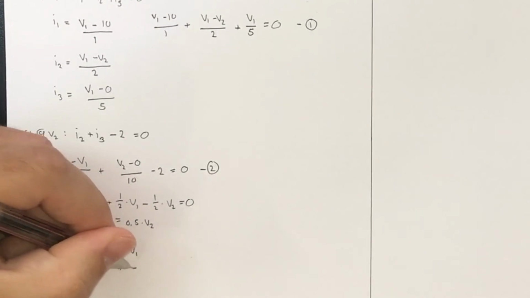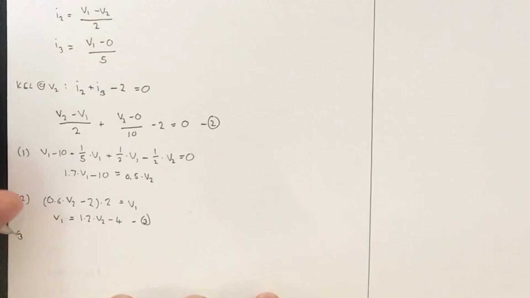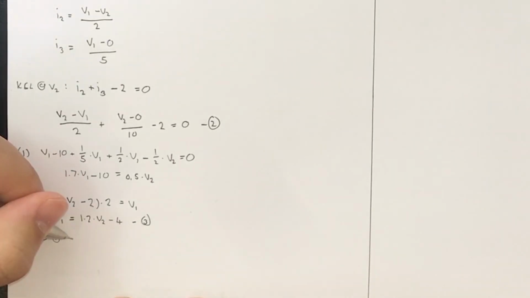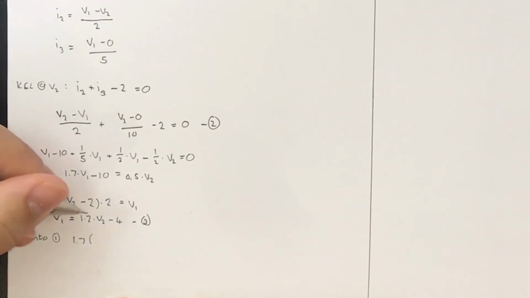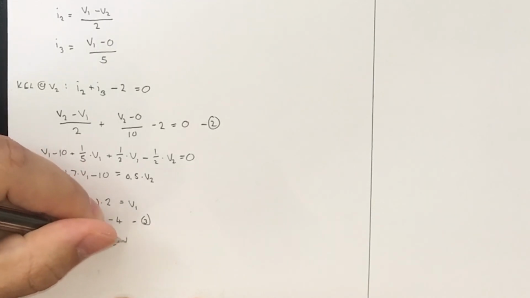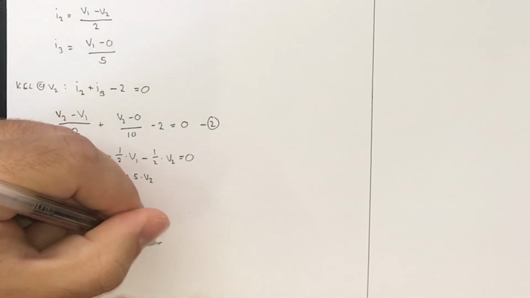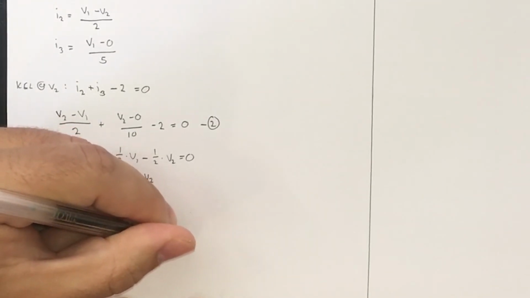Now what we do is we've got this equation. Take this as our third equation. Then we take 3 and we put it into 1. So we have 1.7 multiplied by V1, which is this. So we have 1.2 times V2 minus 4, minus 10 is equal to 0.5 V2.